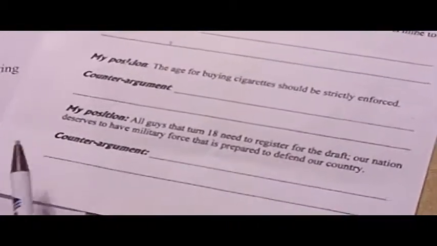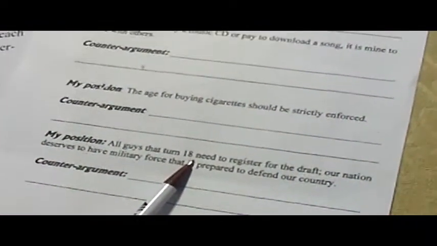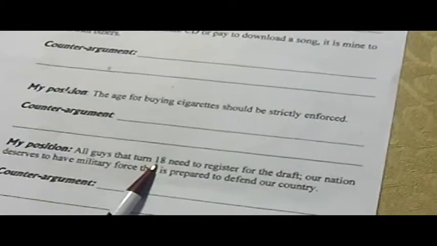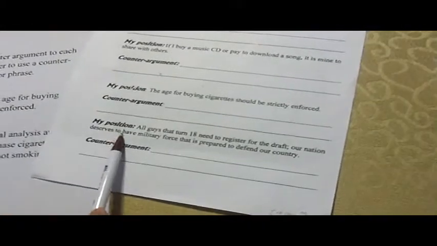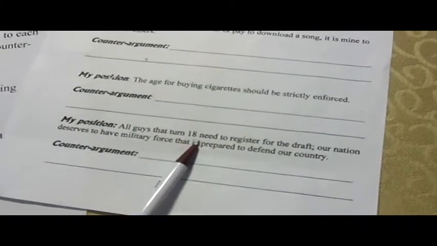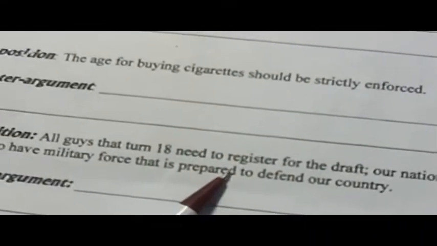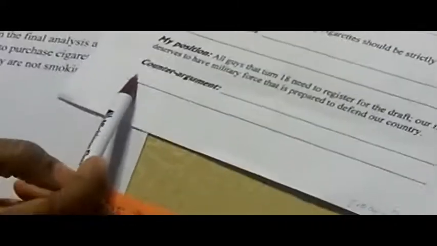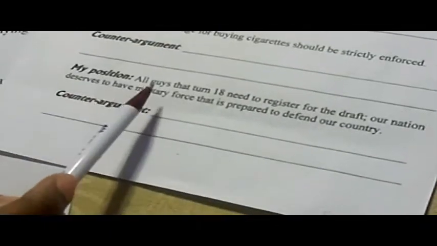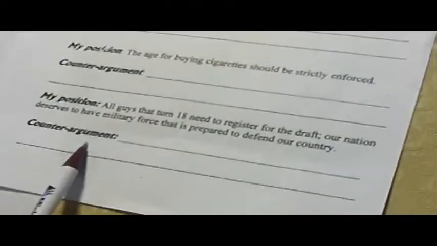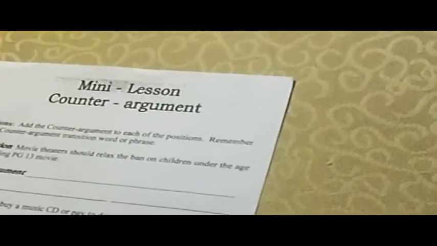All right, now, the law states that you are legally able to defend your country at the age of 18. So let's come up with a counter argument, because they're saying that all guys that turn 18 need to register for the draft. So that's more or less like a command. This is something that they should do. So let's come up with an option stating that someone is against registering for the draft at the age of 18. Okay, Hope, can you come up with something for the draft?